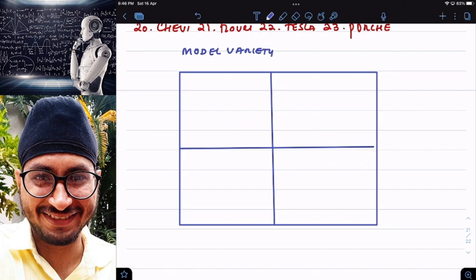You can take any criteria. I want to compare these companies based on model variety and price. You can compare these companies based on any two factors. I am comparing on the basis of price and model variety. Model variety means there can be few models, there can be many models. Price can be low, price can be high.